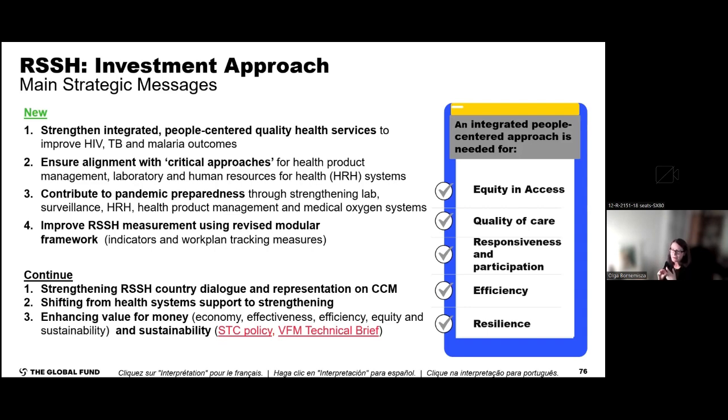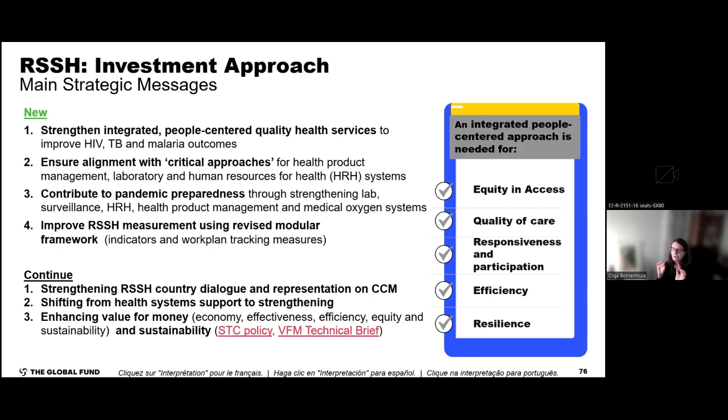The third area that I want to emphasize is pandemic preparedness, because we haven't really talked about that so much yet. Just to say that RSSH funding can be used to fund pandemic preparedness. This is mostly done through strengthening lab systems, surveillance systems, HRH, health product management, and medical oxygen systems.